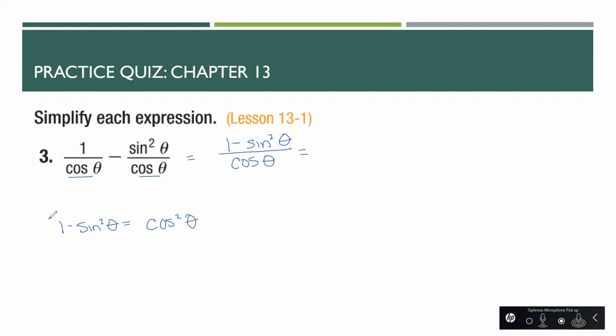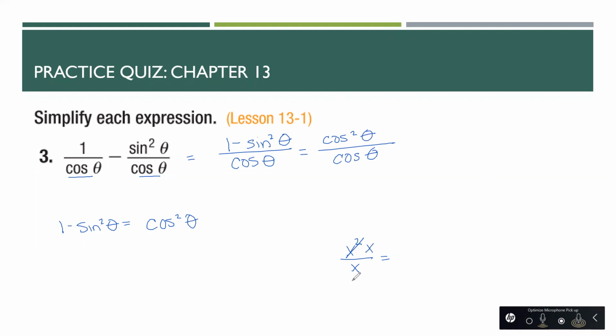okay? So now, this is another Pythagorean identity, and this expression becomes cosine squared of theta over cosine of theta. Our denominator stays the same. Now this is like having x squared over x. We could factor out an x and simplify.